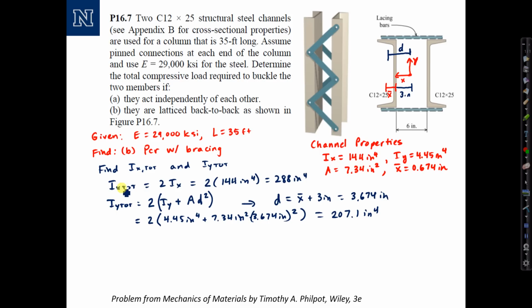Now in comparing Ix total and Iy total, we see that Iy is still the smaller number, so it controls.